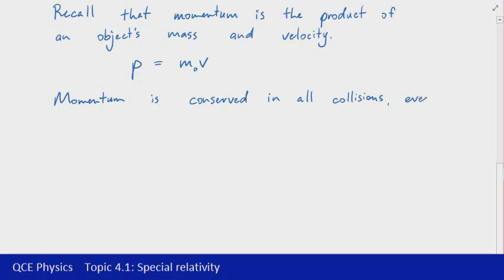And it will even be conserved in collisions that are involving relativistic speeds. That means that when we've got objects that are moving at very fast speeds, so things like protons in the Large Hadron Collider, they would undergo collisions where we'd need to consider their relativistic momentum.